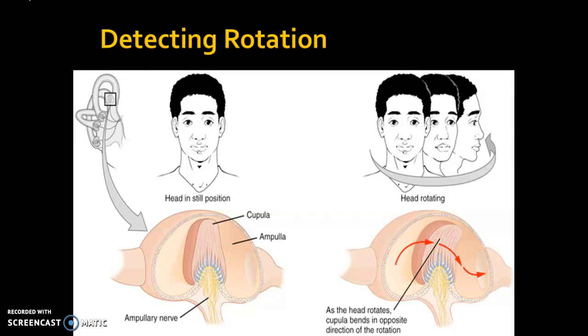All right, and this helps us to detect rotational motion. Do you see here? This is upright position. As the head is rotating, the cupula bends, and as the cupula bends, the hair cells bend, and that sends more action potential down the nerves, and that helps us detect the rotational motion.